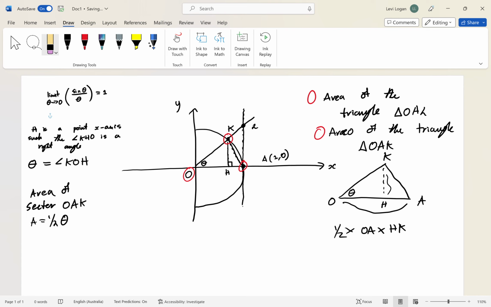So the area of the triangle, I'm just going to use the triangle symbol. Which one are we finding? We're finding OAK is equal to a half times OA times HK, where H is this point here. So now we've got to find what these actual lengths are.